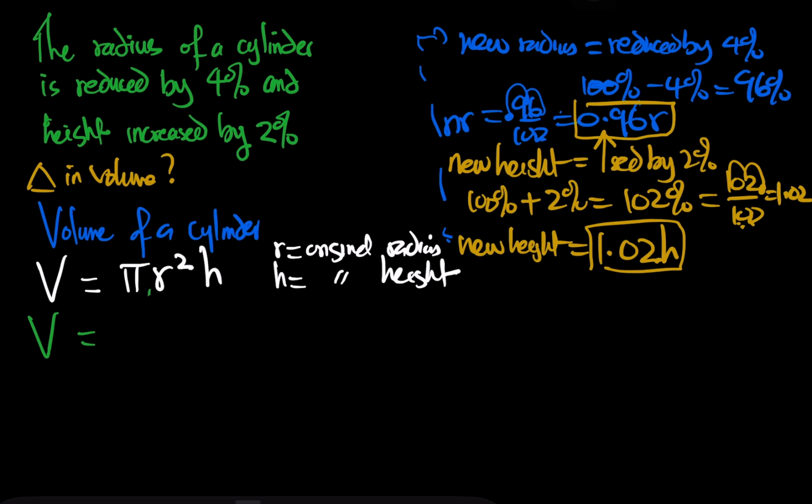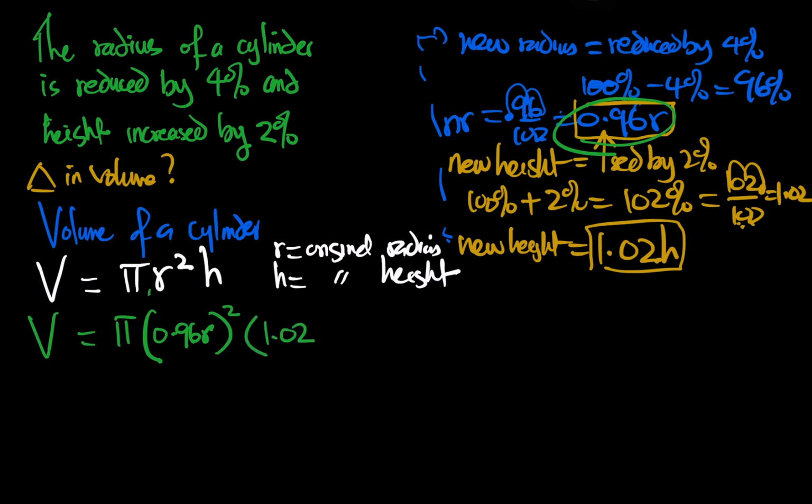So what's our radius? We're saying our volume V is going to be pi. Pi will not change, but our radius is 0.96r before the square comes in. And then our h is 1.02h. Now we can manipulate the inside. Manipulating the inside, we get 1 minus 0.04, which gives us 0.96, and then there's an r. But there's a square that affects everything.